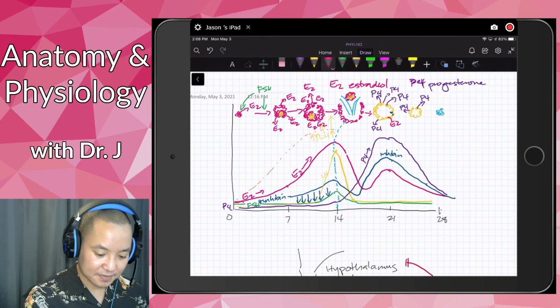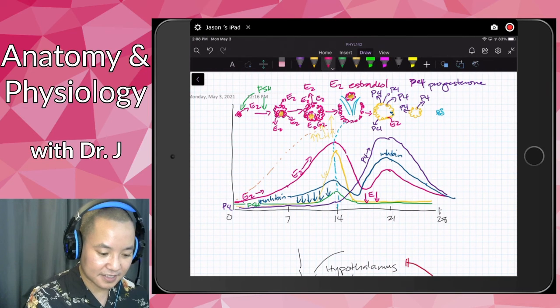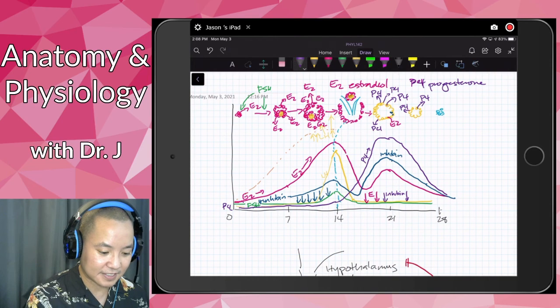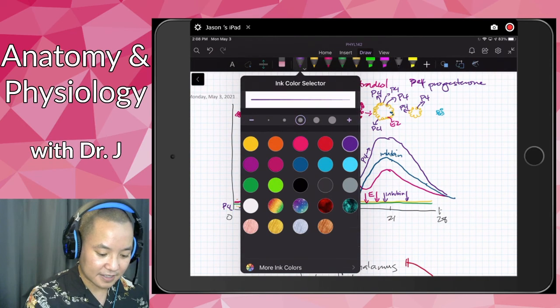Because why? Estradiol puts the brakes on it. So does inhibin. Puts the brakes on FSH and LH. And so does progesterone.